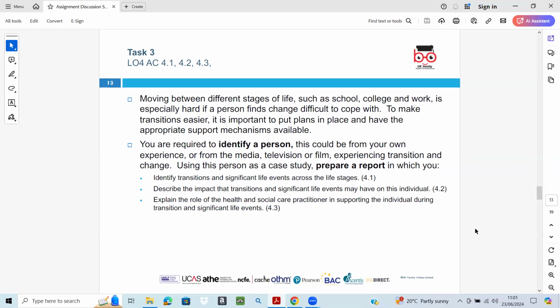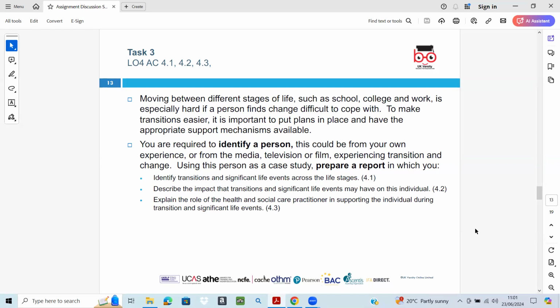We need to discuss potential positive and negative effects of these transitions on the individual's well-being, relationships, and sense of self. We need to explore how these experiences have shaped the individual's identity, coping mechanisms, and outlook on life.